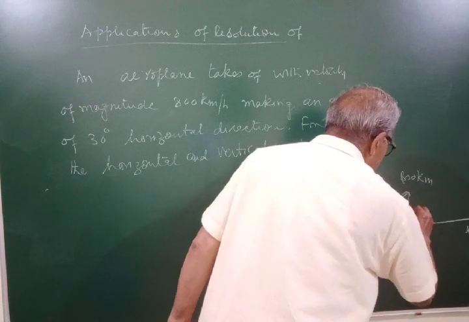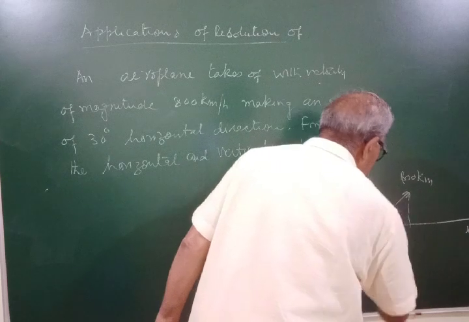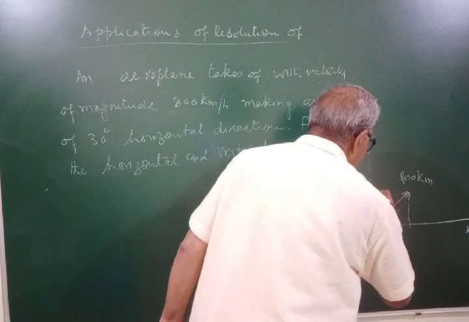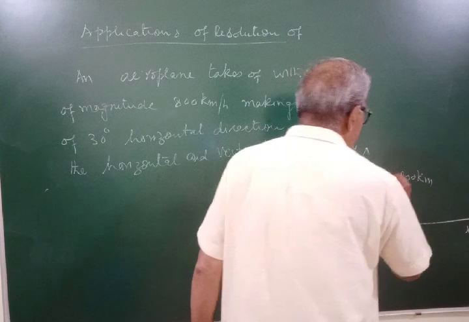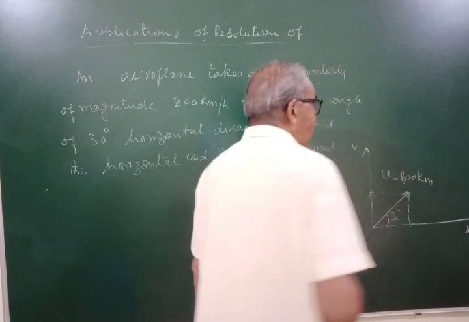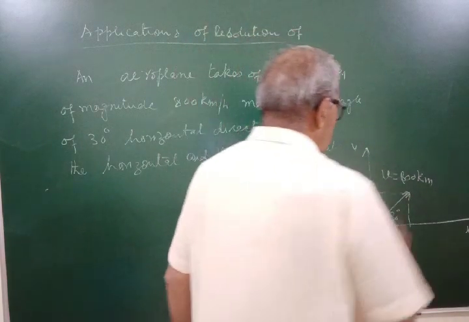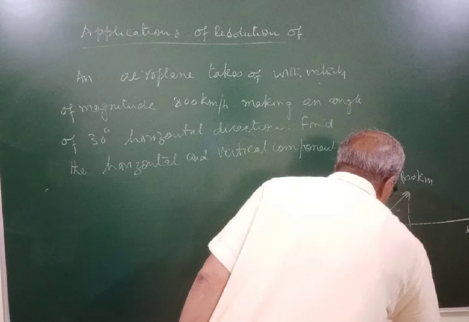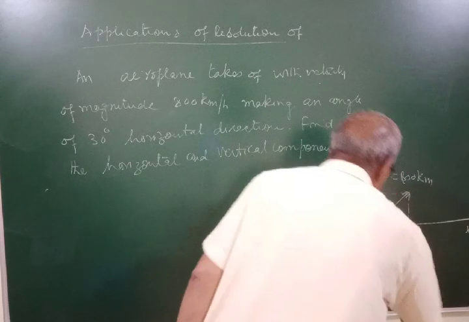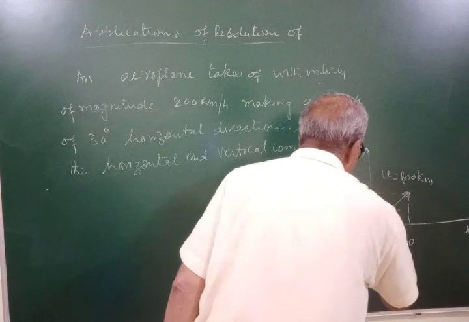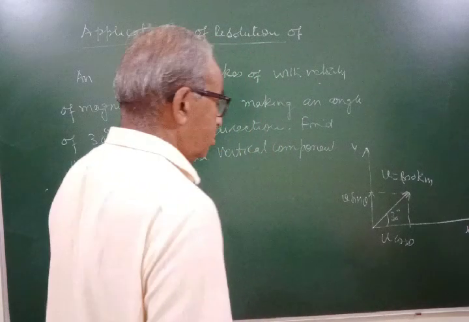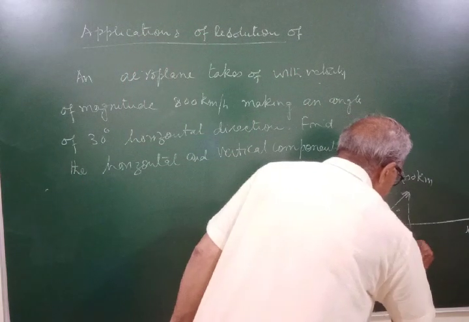Now this velocity is the sum of two velocities. If the magnitude of velocity is v, then the components are v cos 30 and v sin 30.